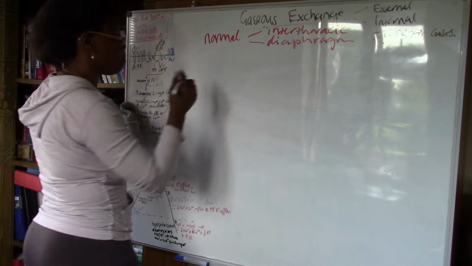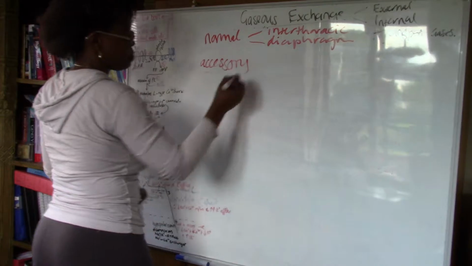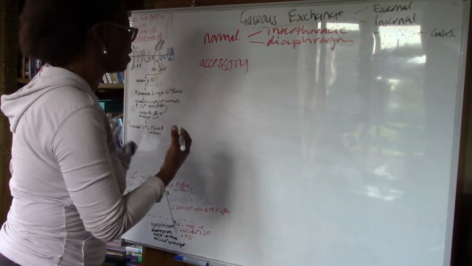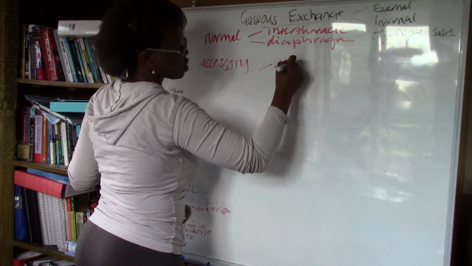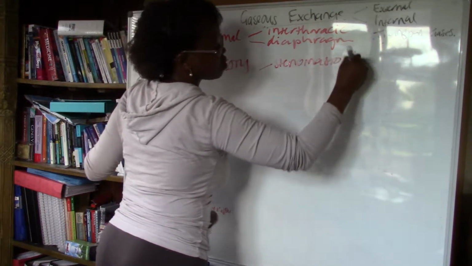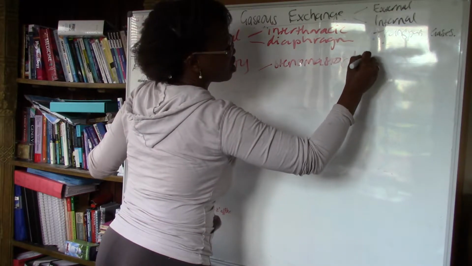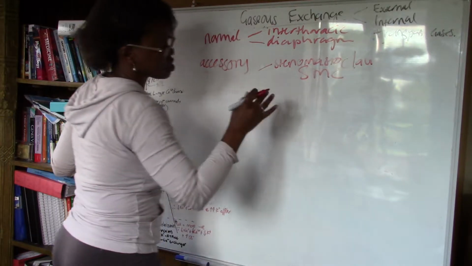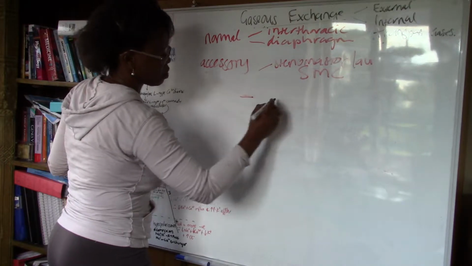However, the accessory muscles for respiration, which are usually used by people with asthma, people like me, and people with things like COPD, include the sternocleidomastoid muscle, which arises from the manubrium of the sternum.